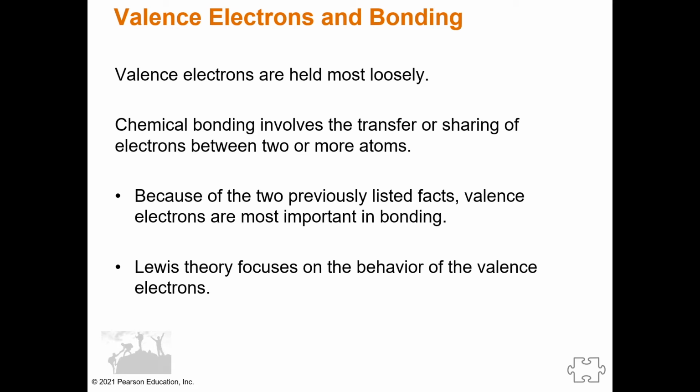You could either write out the full electron configuration and figure it out from there, or you could take a look at the periodic table, and if we're looking at main group elements, it'll be very easy. Take a look at the column number that element is found in, and that'll tell you how many valence electrons that element would have.